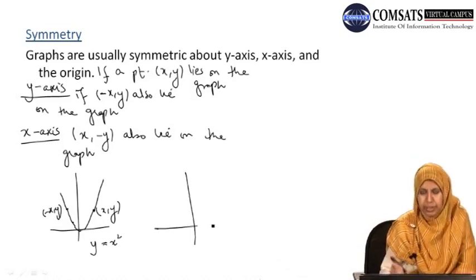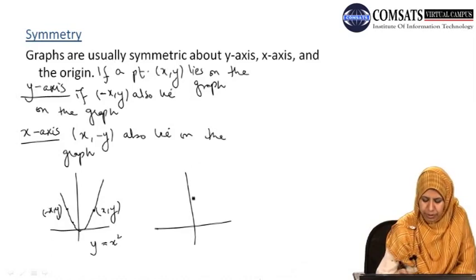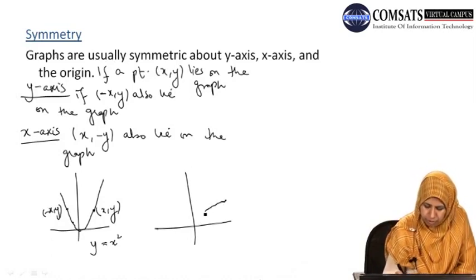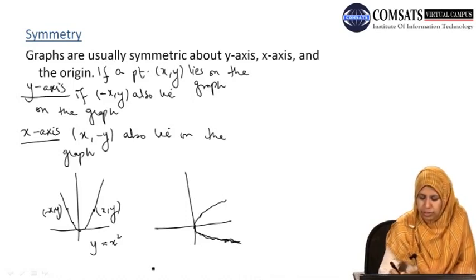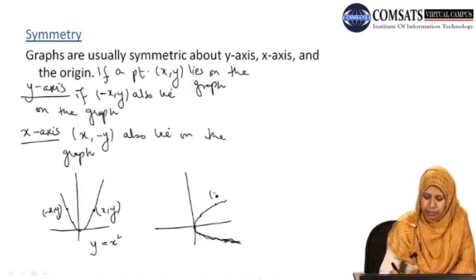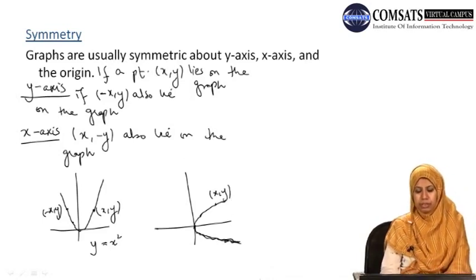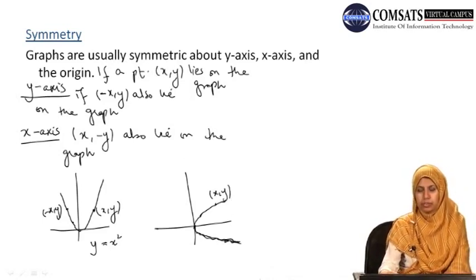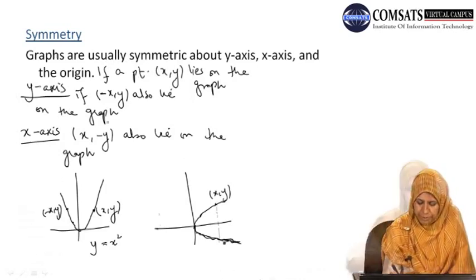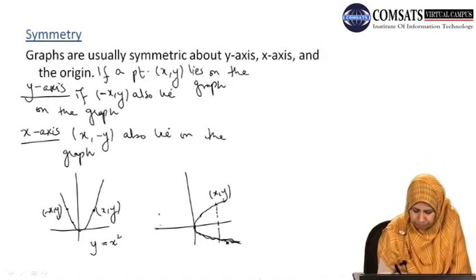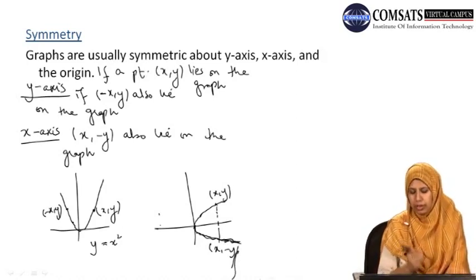And symmetric about the x-axis is if we have our graph like this, it's too kinky. Okay, if we have a graph like this and a point (x, y) lies on the graph, then the point with the x coordinate positive and the y coordinate negative, (x, -y), that is this point, also lies on the graph.